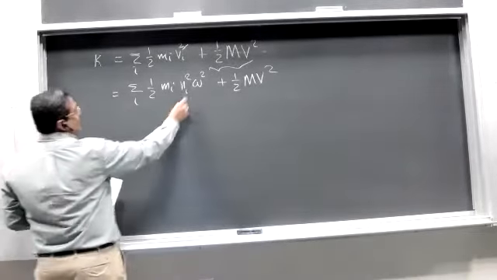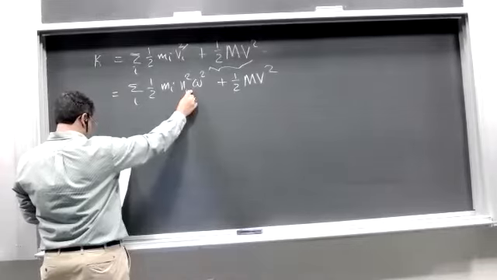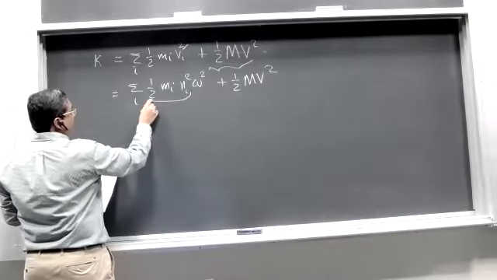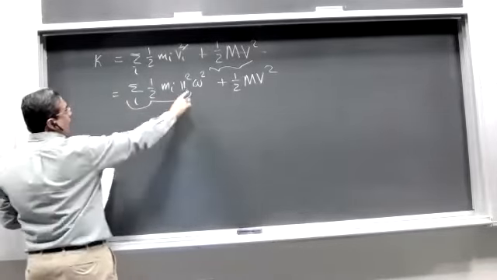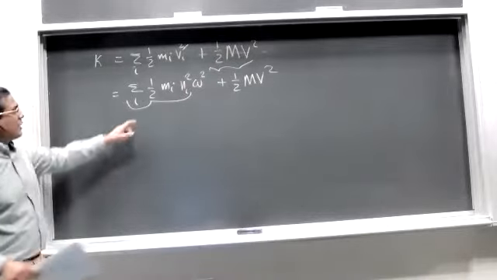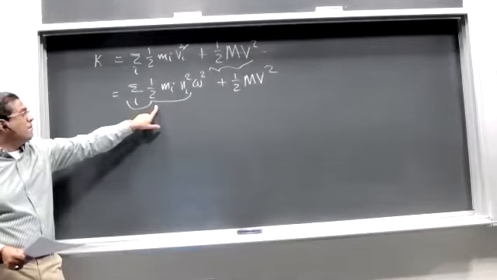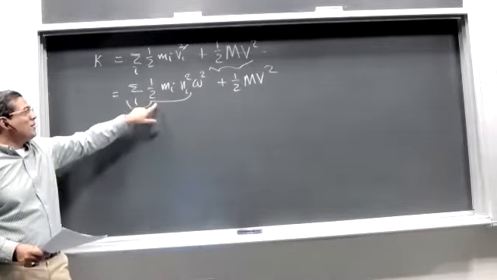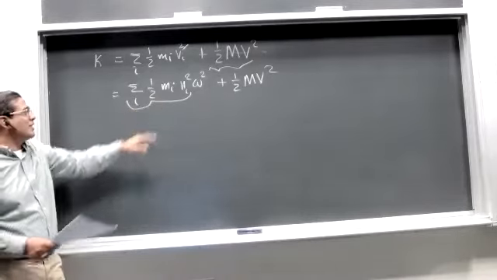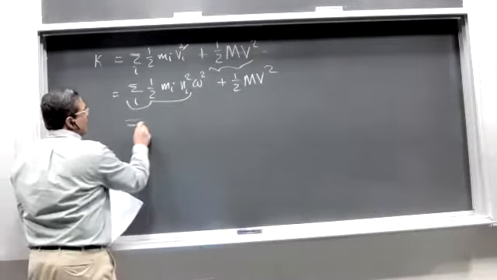Now what is this, everything else other than omega squared? This is the position vector of the center of mass, yes, but it's multiplied by the mass. So it is half the moment of inertia. That's the definition of the moment of inertia.